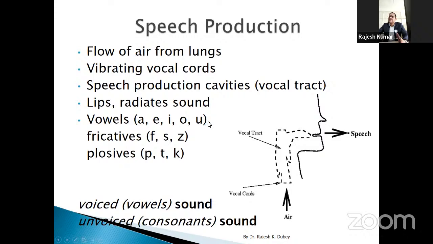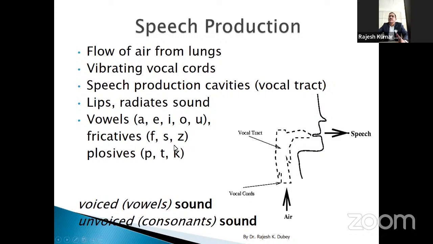They have a high energy area, quasi-static model, quasi-periodic model, and fricative sounds. Some other sounds are unvoiced. Unvoiced may be fricatives and plosives. So whatever speech sound is coming out from the mouth may be voiced or unvoiced. The unvoiced part is mainly two parts, fricative sound and plosive sound.